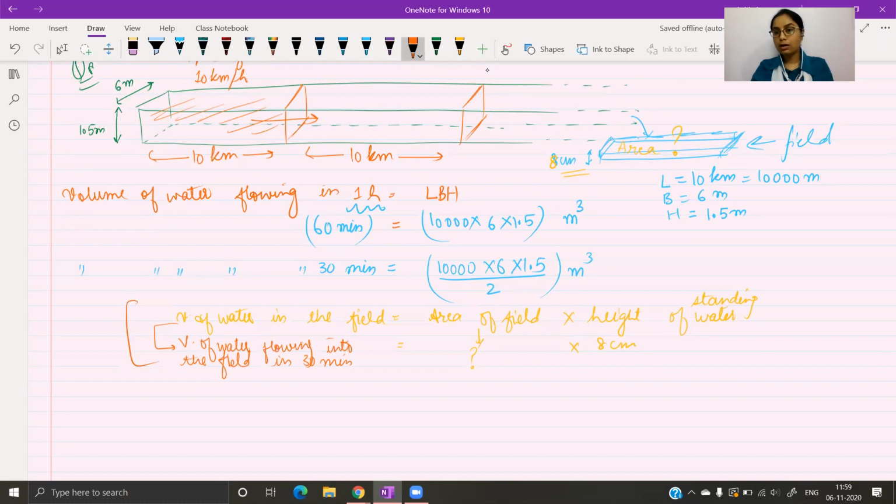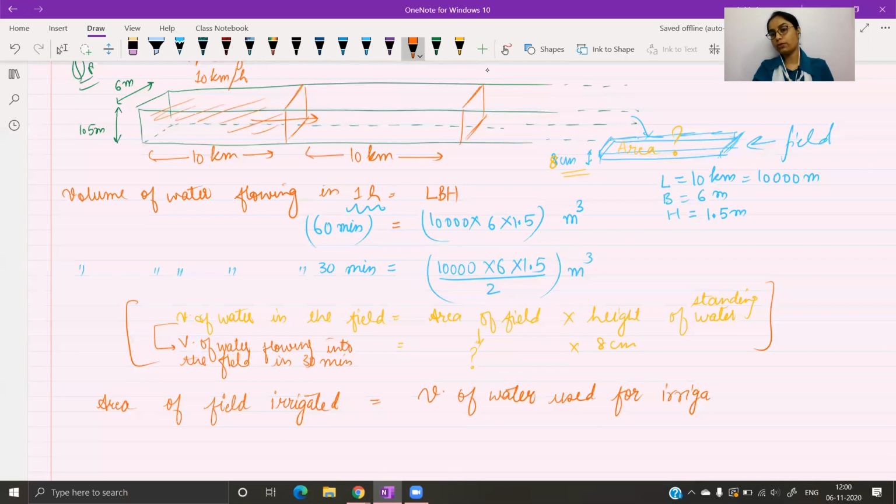You can skip this part and directly write down the area of the field which is being irrigated equals the volume of the water which is used for irrigation divided by height of the water which is standing in the field.